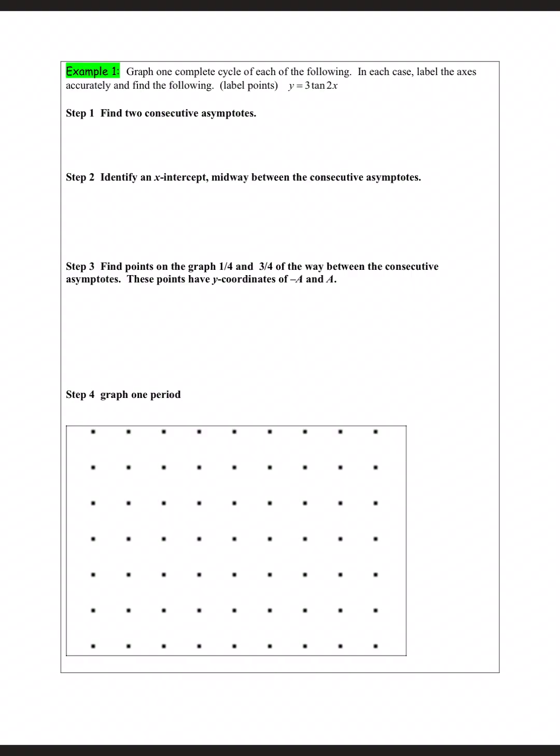So we're going to identify the two consecutive asymptotes. We do this by finding the interval containing one period. So we have normally a period where we graph between negative pi over 2 and pi over 2. Well, in this case, we have 2x as my argument. And when I solve for x, I'm going to divide by 2.